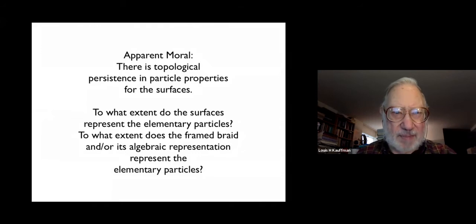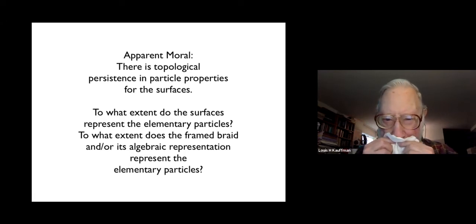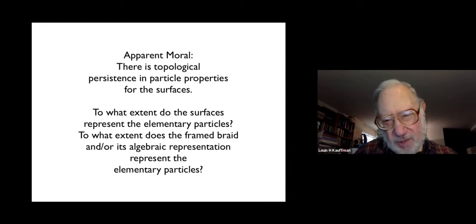So there's some topological persistence in particle properties for the surfaces, but to what extent do the surfaces represent elementary particles? To what extent could you make a theory of the elementary particles as coalescing out of some big surface network? We have no idea how to actually globalize and localize in that way.